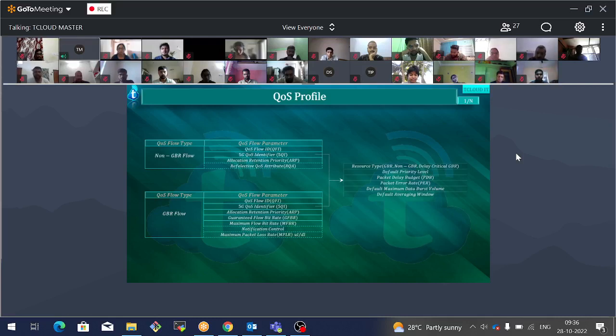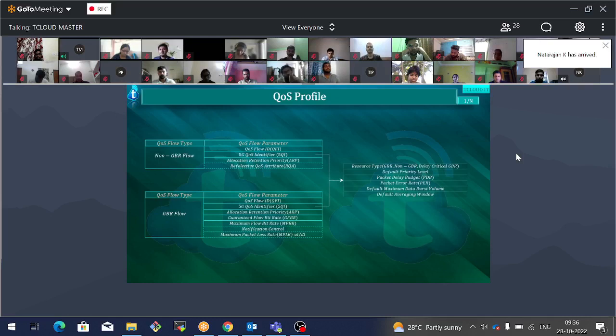This QoS profile is segregated into two categories called non-GBR flow and GBR flow. GBR stands for guaranteed bitrate. So non-GBR flow means non-guaranteed bitrate, and GBR is guaranteed bitrate. What is the primary difference? As their name suggests, we can easily understand.